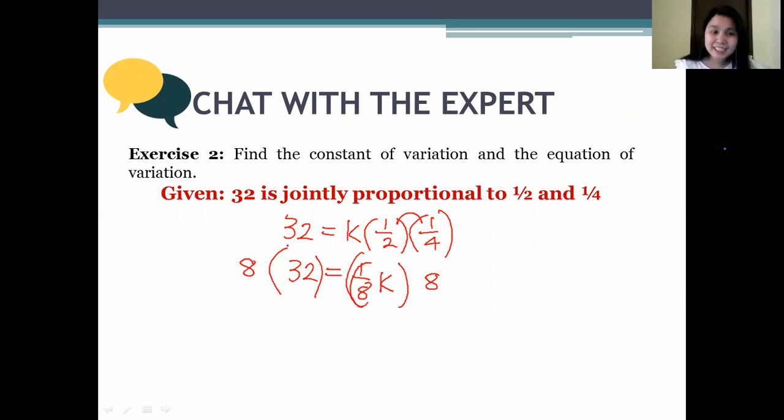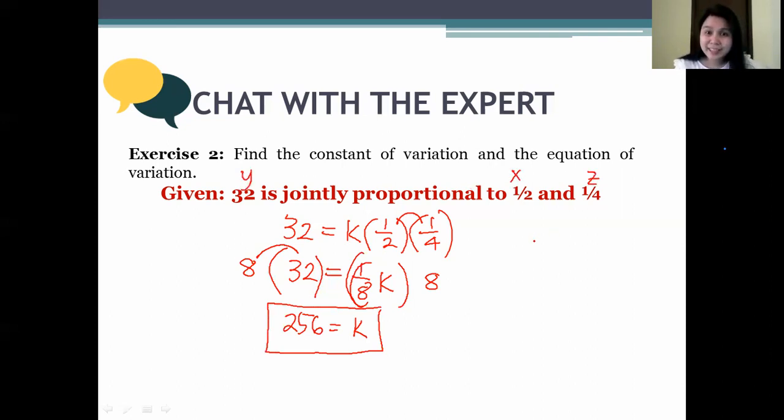So we have 8 times 32, that is 256 equals K. Then we write our equation of variation. Suppose this is Y, X, and Z. So we write it as Y equals 256XZ.